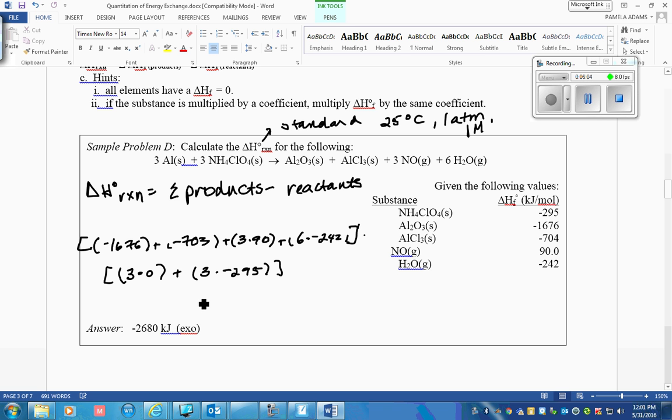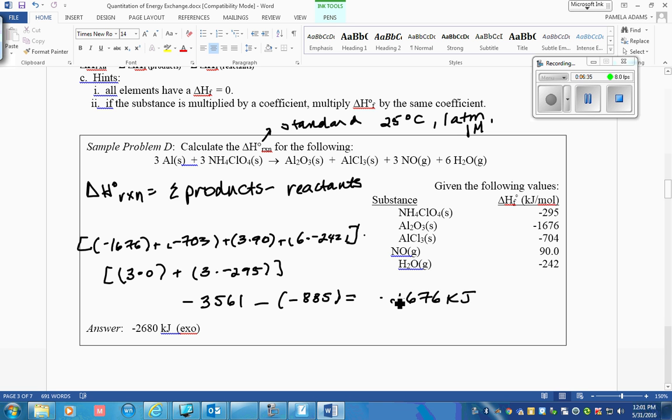And when I do my math, that means that the sum of the products is a negative 3,561 kilojoules minus the sum of the enthalpy of the reactants, and that is a negative 885 kilojoules, and that gives us the answer, negative 2676 kilojoules.